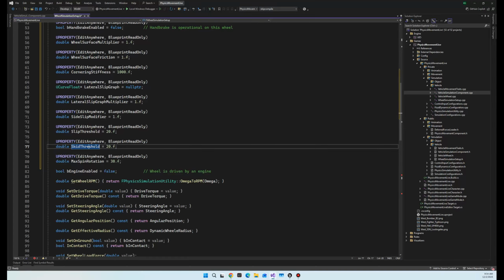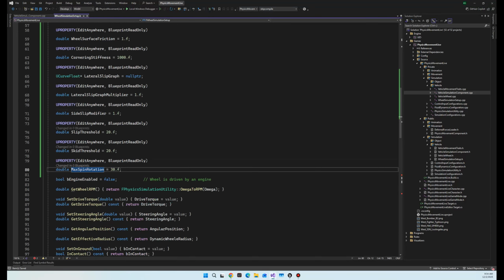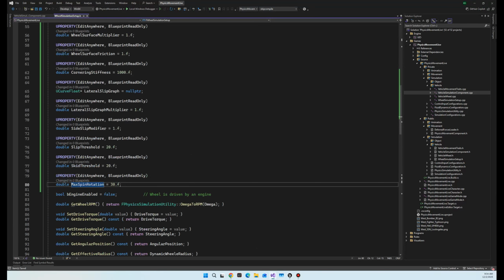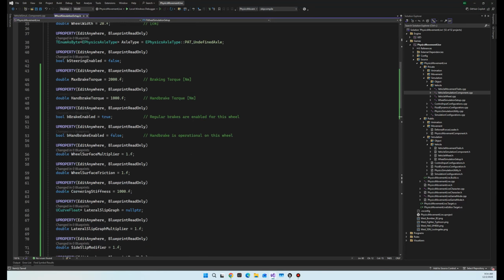If we have a slick surface and our wheels get over a certain threshold, they'll start to spin on that surface versus moving with the surface. And then we have this spin rotation as well, max spin rotation, and this is more for the animation of those wheels.